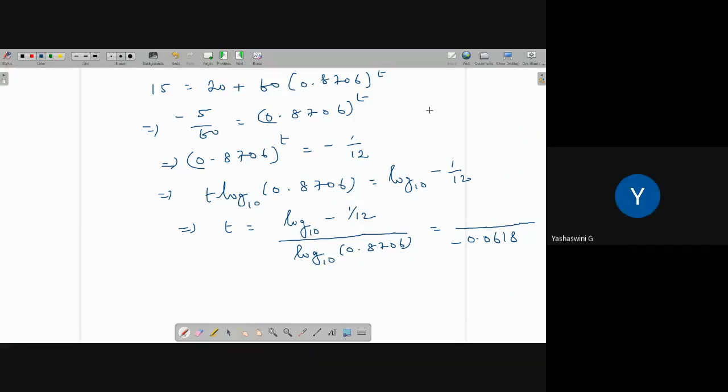It's 1.079. How you calculate, Yashashni? Please tell.